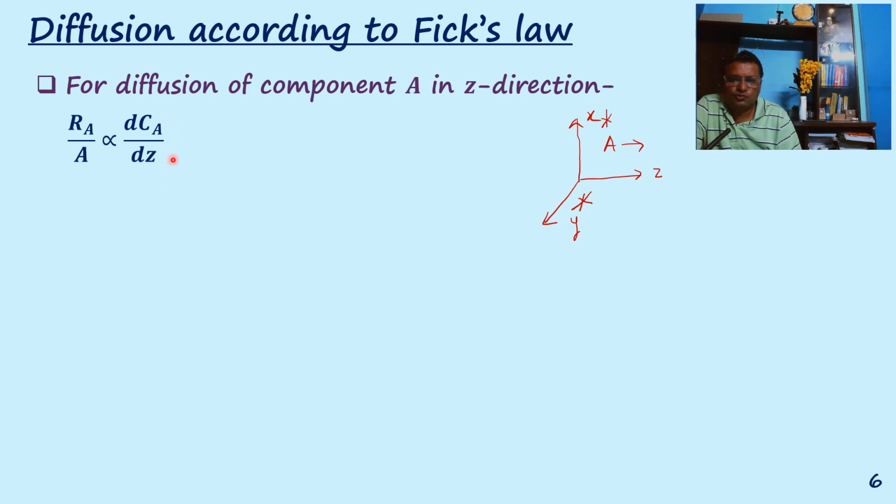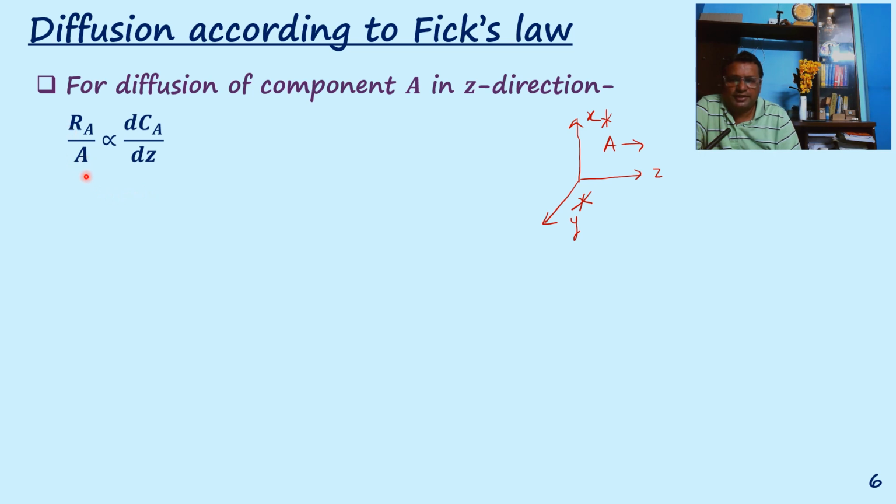This is true when A is not diffusing in the other two directions, x and y. If it was diffusing in all three directions, you would have a partial derivative instead of a total derivative. But since A diffuses only in z direction, we have a total derivative.